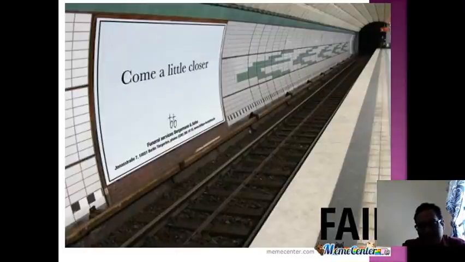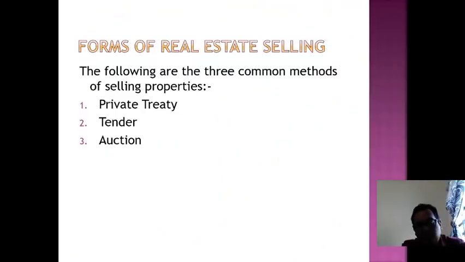Okay. Forms of real estate selling: the following are the three common methods of selling a property. Number one is through private treaty, which is purchasing through sub-sale houses or even through a developer.